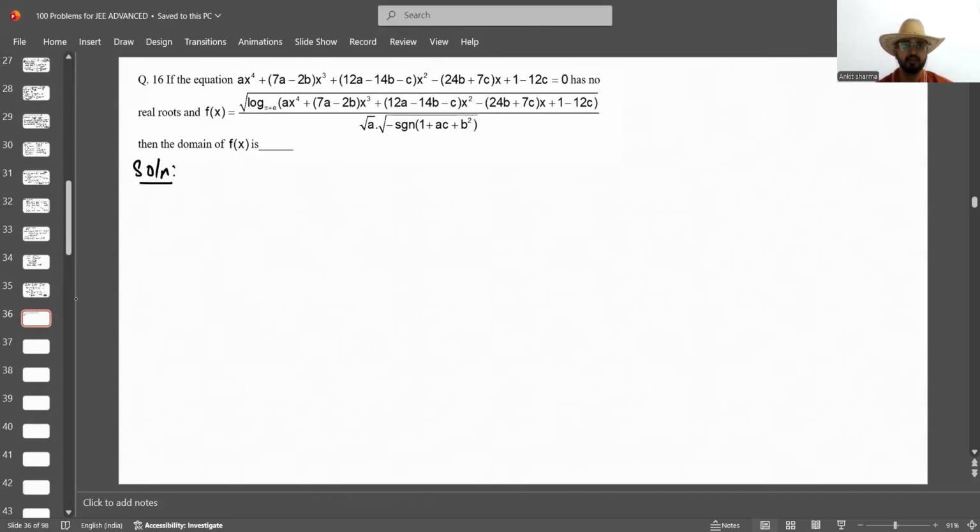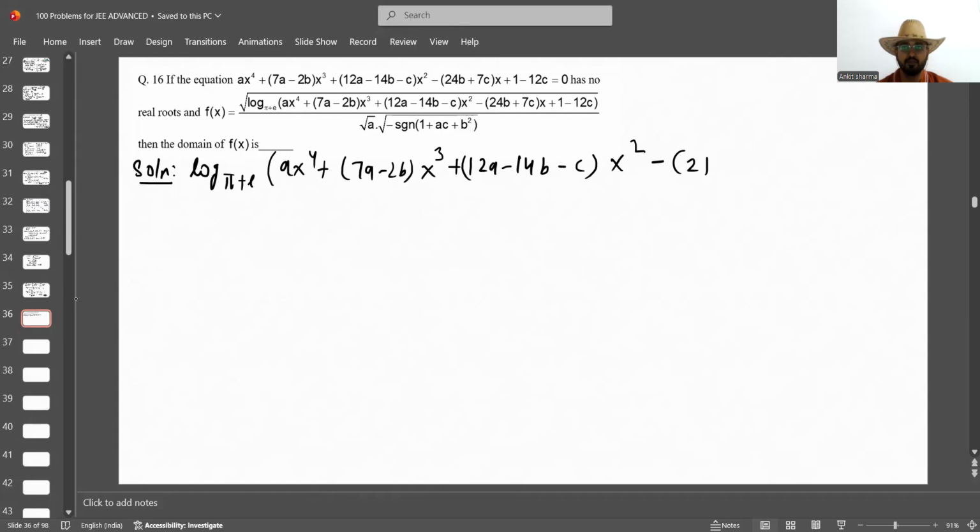That means I'll have log of pi plus e, and then a square root portion, ax^4 plus (7a minus 2b) into x cubed plus (12a minus 14b minus c) into x squared minus (24b plus 7c) into x plus 1 minus 12c.